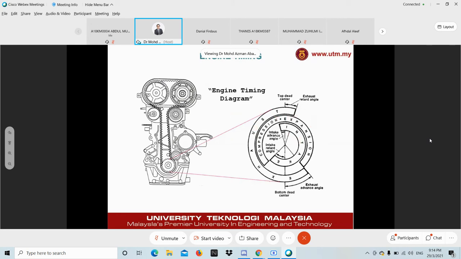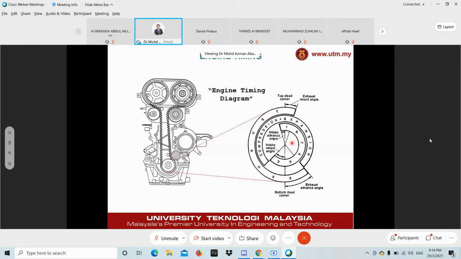So this is one of the examples over here. You can see in the engine timing diagram, it tells you where the intake valves open, where the intake valves close, where the exhaust valve opens, and when the exhaust valve closes, with respect to the piston position based on crank rotation.